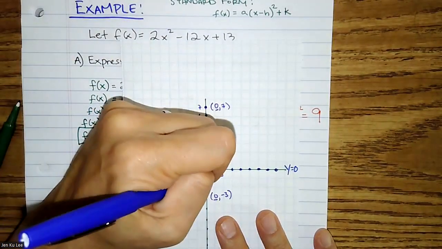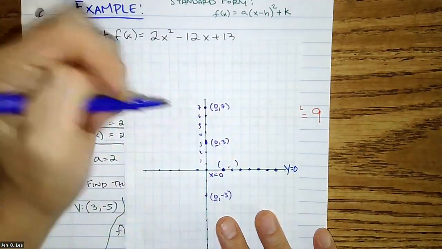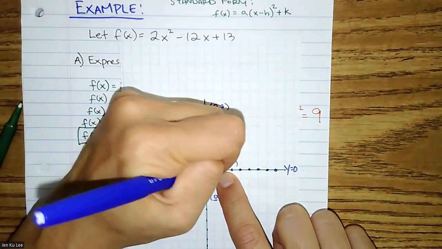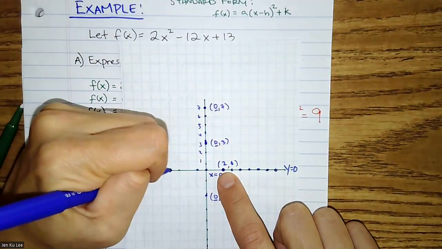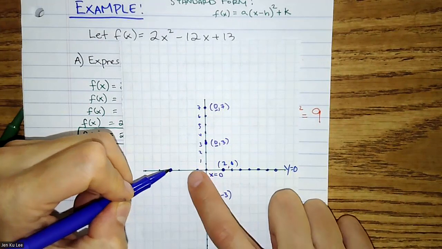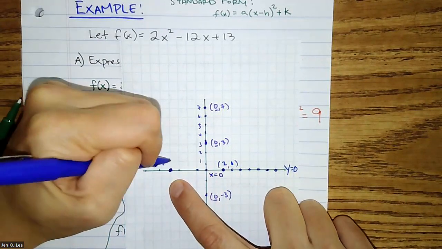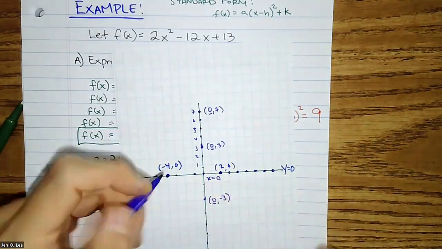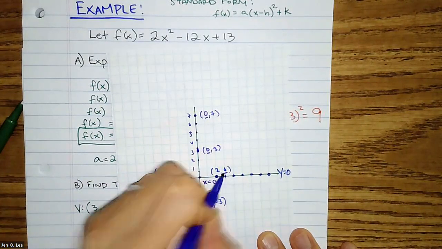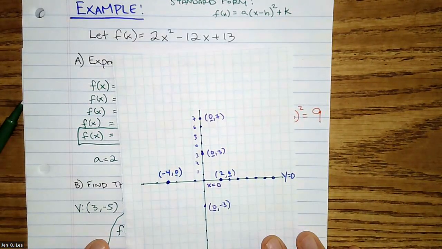For example, if I take this point here, this point is (2, 0). This point here, 1, 2, 3, 4, is (-4, 0). The constant thing is that my y value is 0.